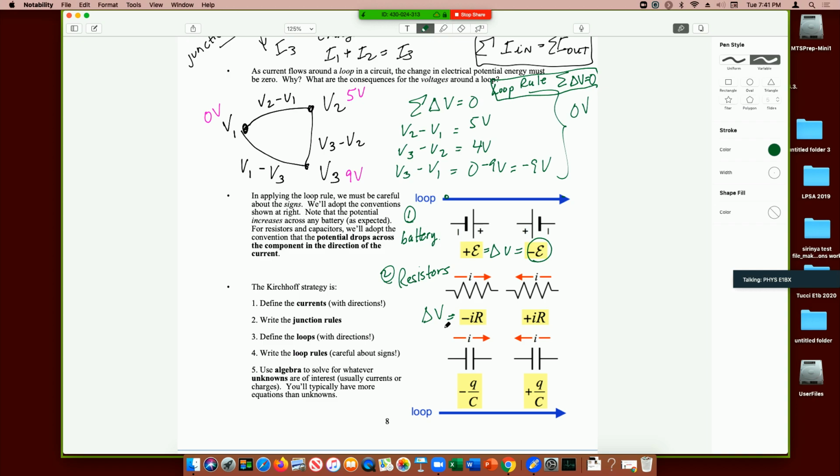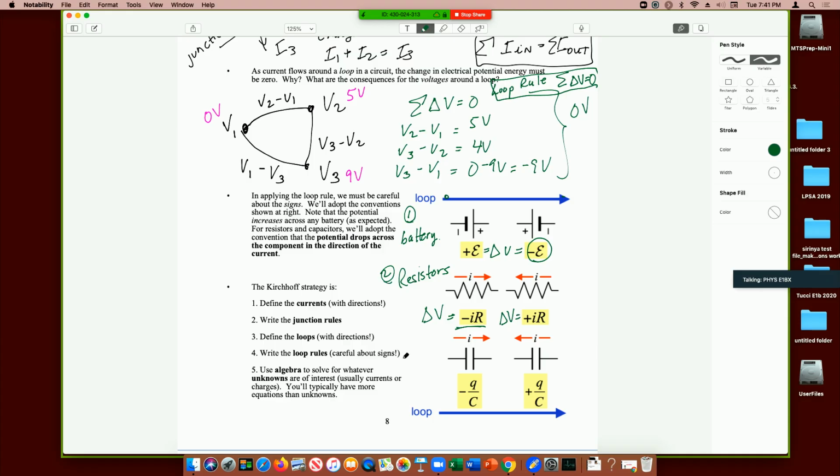It's just what we've decided. It's just what we've agreed on. So if the direction of my loop goes in the same direction as my current, then it's a negative change in potential. If the direction of my loop goes in the opposite direction of the current, then it's a positive change in potential. Okay, so that's the second one.